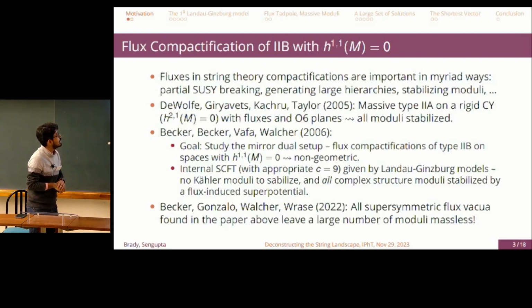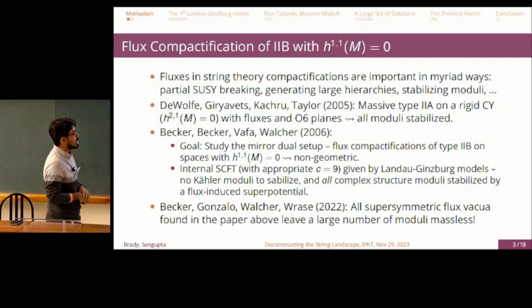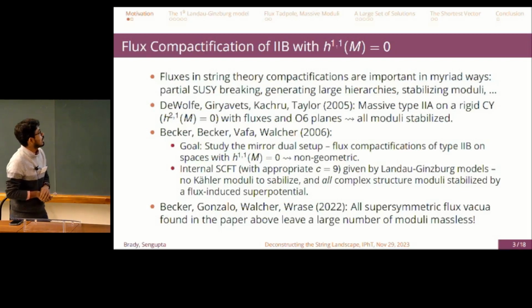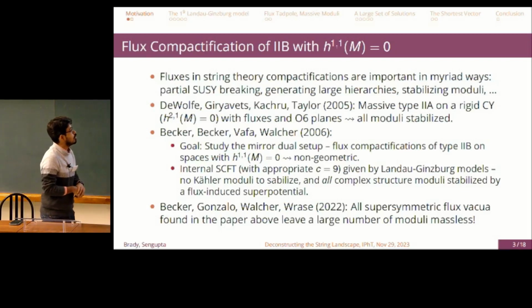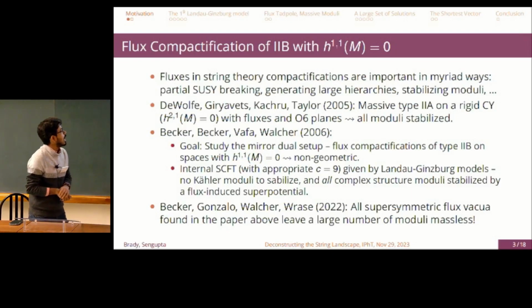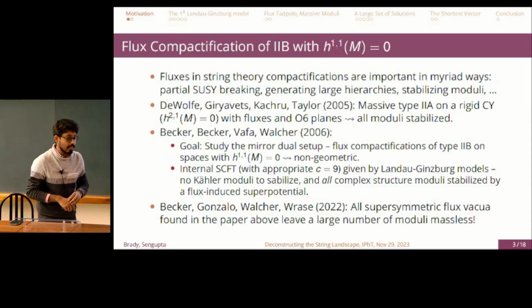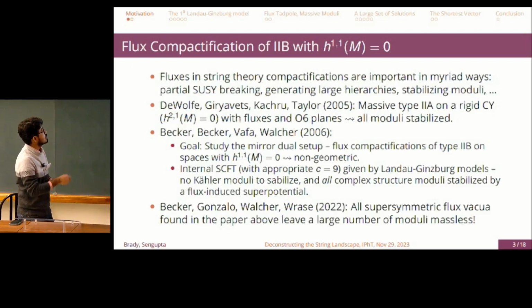Essentially, all you have to do is to produce an internal superconformal field theory with the appropriate central charge, which is equal to 9. And these models are good because since you have no Kähler moduli, you don't have to stabilize them. And all of the complex structure moduli are putatively stabilized by the flux-induced superpotential. At least that was the claim that was made by the authors of this paper.